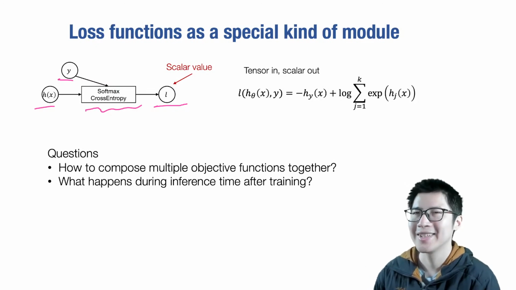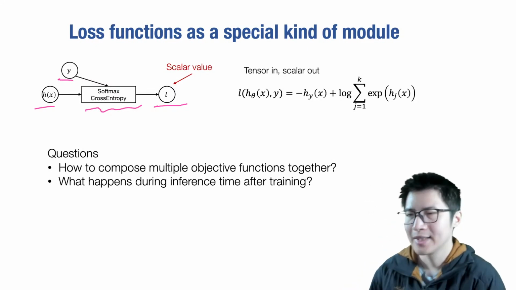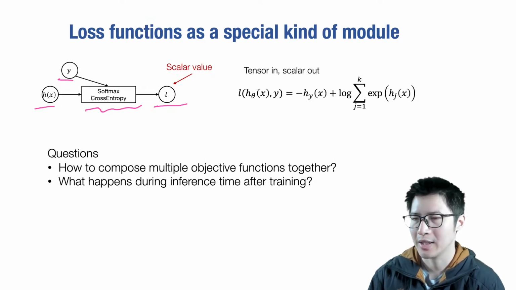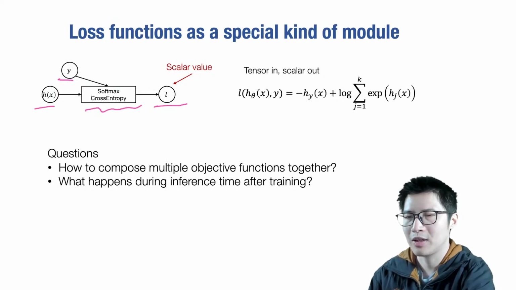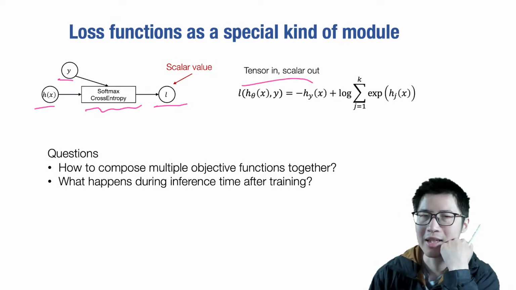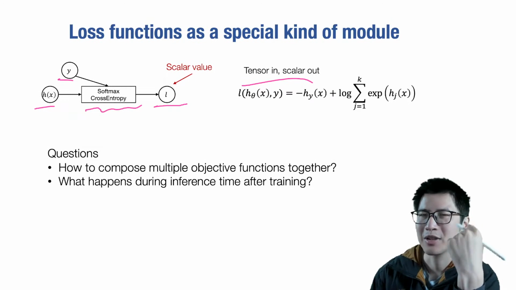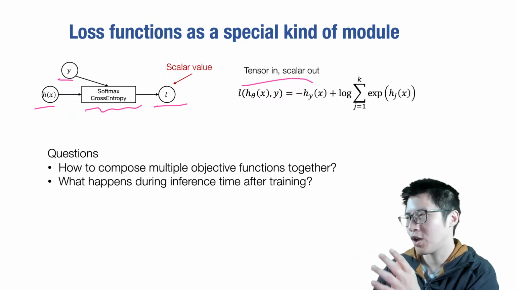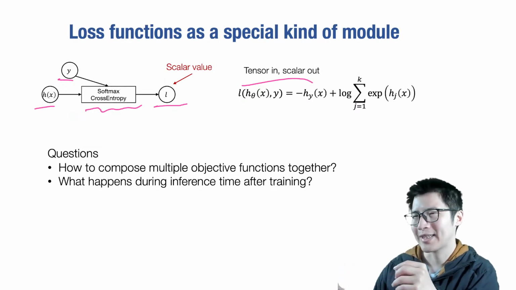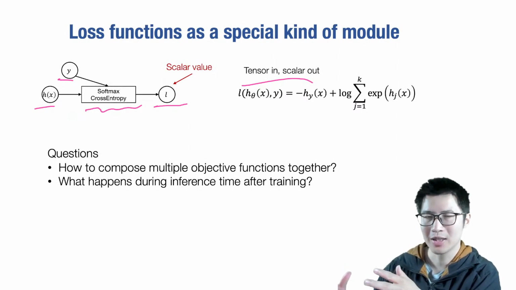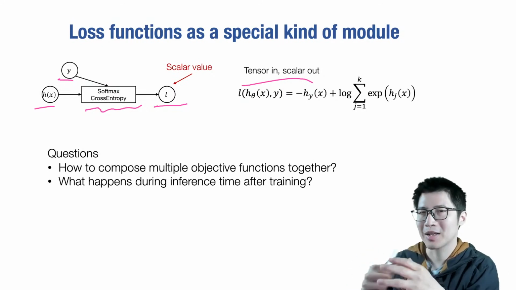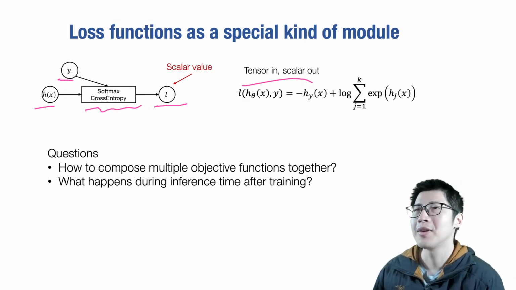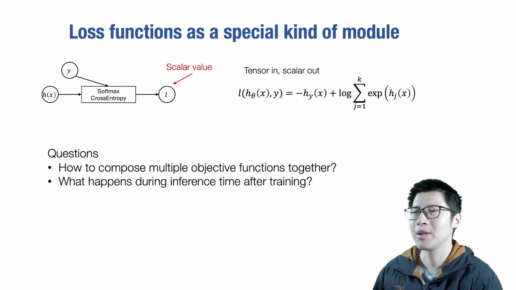So it also outputs tensors, and it follows what we call the tensor in, scalar out API convention. So you will be able to compose the modules for getting the prediction from the input, and then you compose that prediction with the loss function and the label. It gives you a loss. With this principle, it gives us a bit more composability.